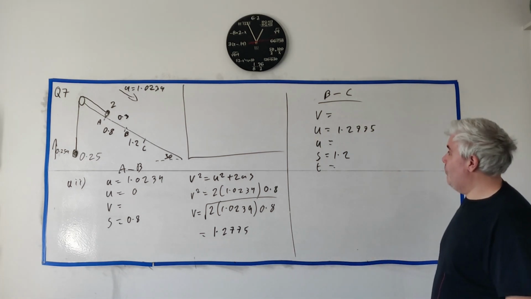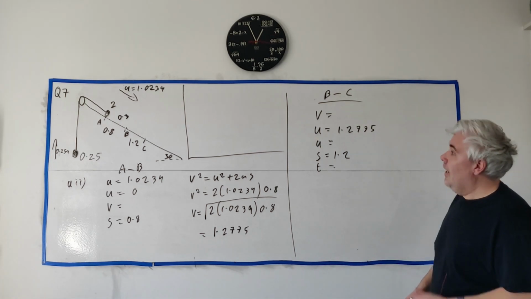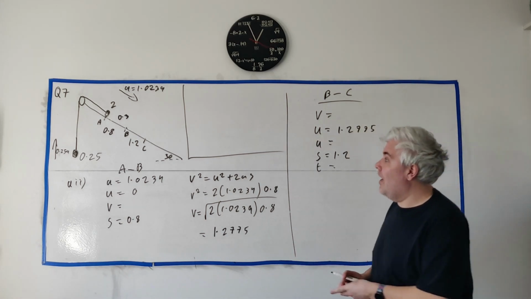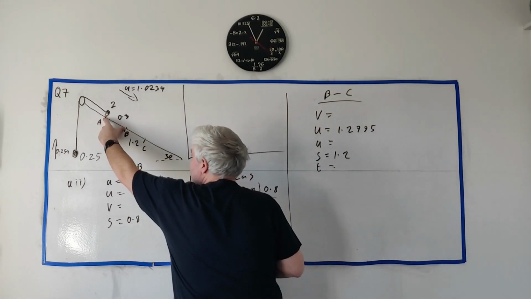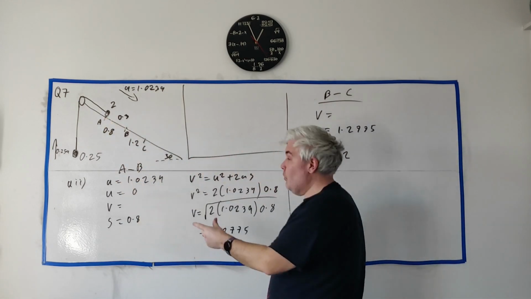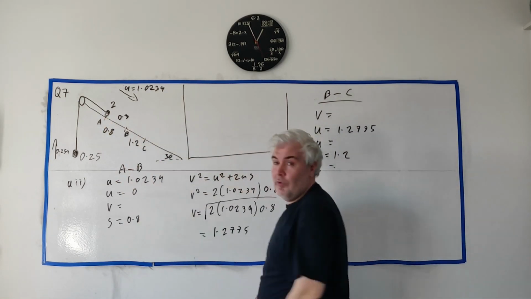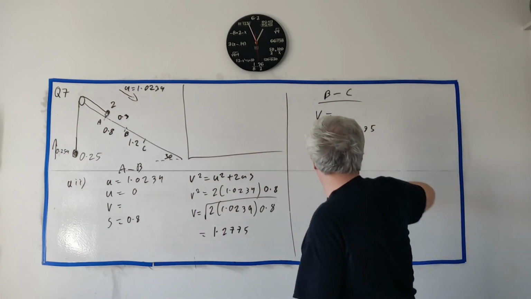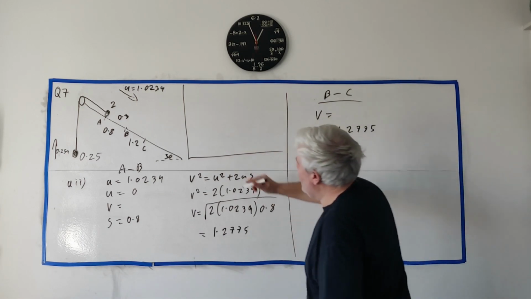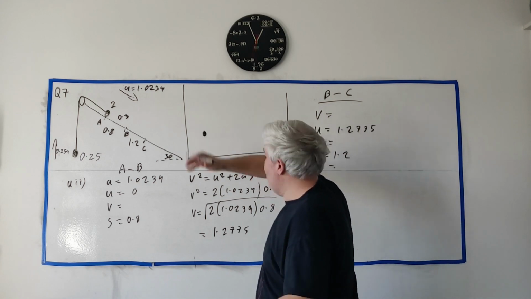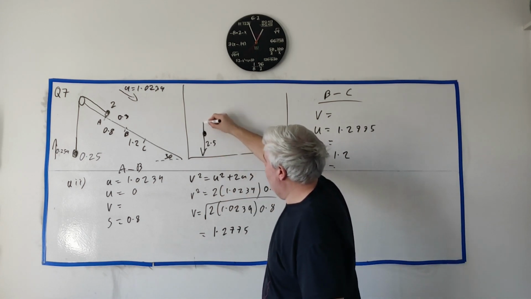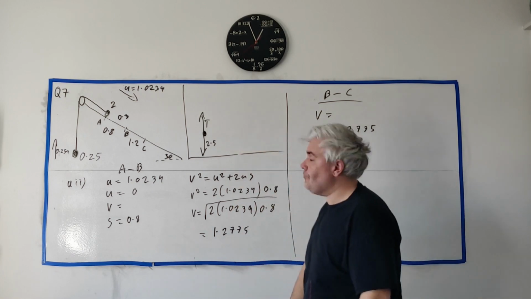I'm still missing stuff over here, so I'll have to bite the bullet and find one of them. In the previous part, part 1, we found the acceleration between these two guys. So we should be able to find the acceleration between B and C. Let me just spell it out up here. I do it the same way as I did part 1. 2.5 newtons down, T newtons up.